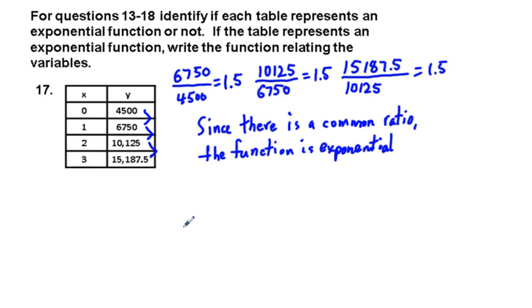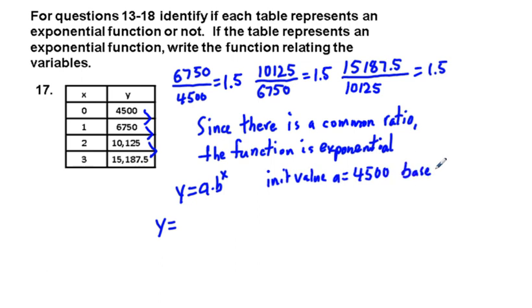Okay, now for that equation, we had from before y equals a times b to the power of x. Test it out. So y equals our initial value a, which is 4,500. The base b is equal to our common ratio of 1.5 or 3/2.